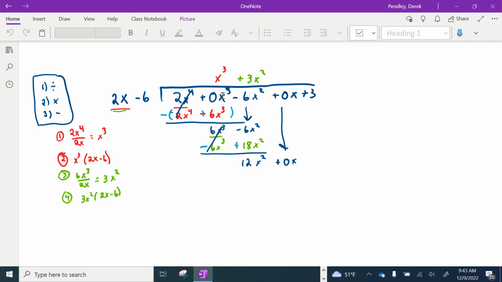Third cycle, we're going to do 12x squared divided by 2x, which gives me 6x. So I add that to my answer. Again, multiply 6x by the 2x minus 6.